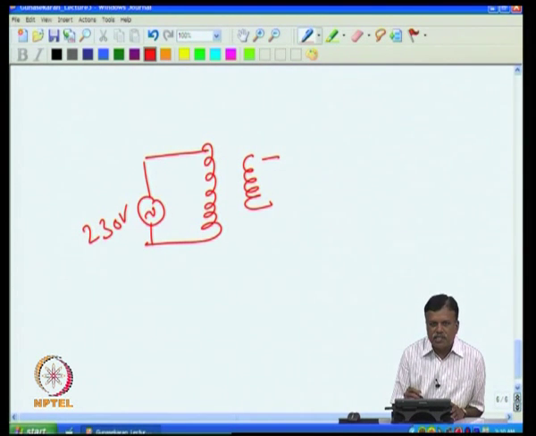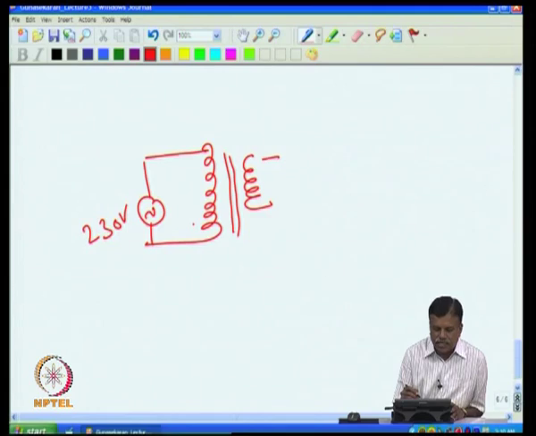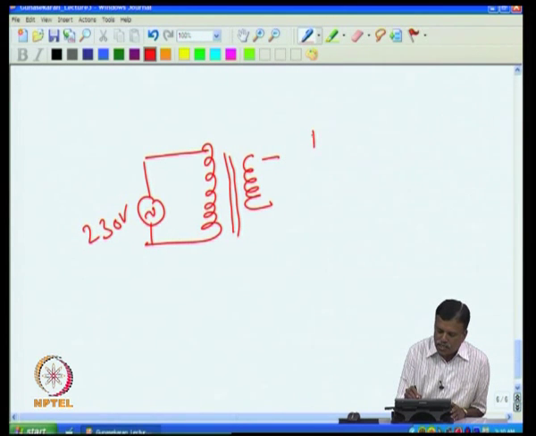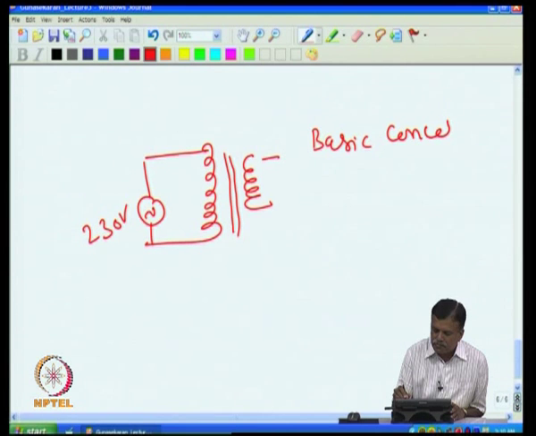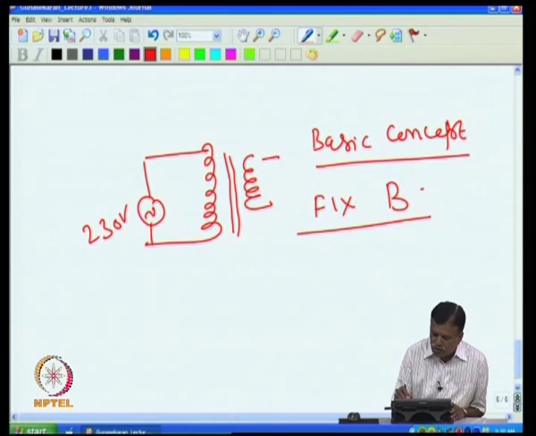So, that is the basis of designing the transformer. You should not fix L and then design the value of N. So, the basic concept is: fix B, that is equal to 1 Tesla.